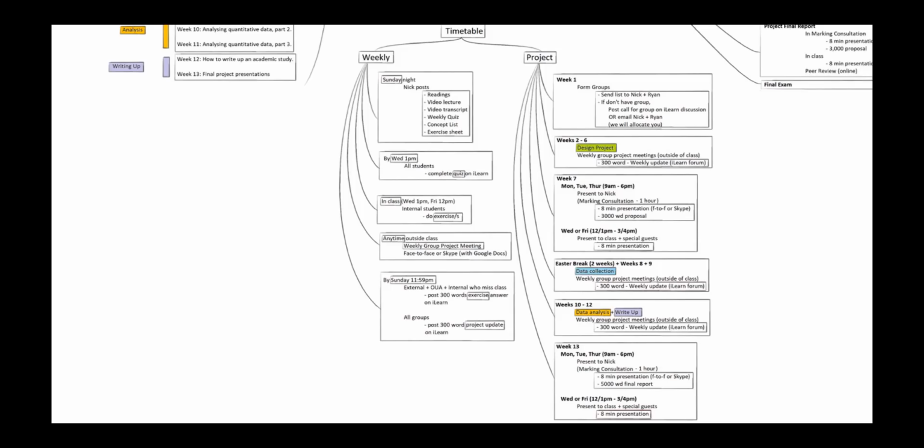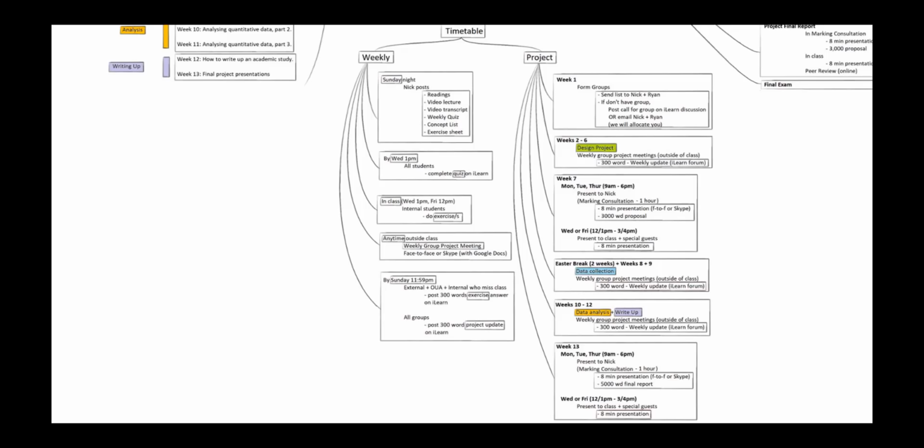And then on Sundays each week, at the end of that week, beginning of the next week, I need external and OUA and internal students who miss class to post their 300-word exercise answer on iLearn. And also, this is one per group, so this update is not every person, I'm going to ask each group to post a 300-word project update on iLearn.